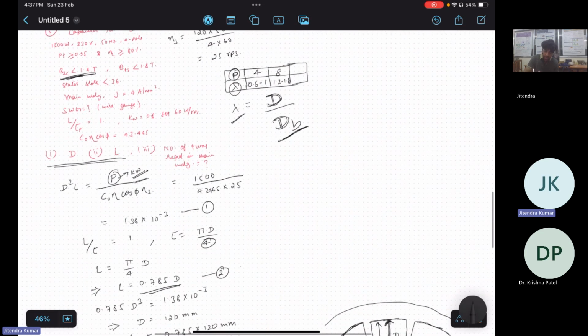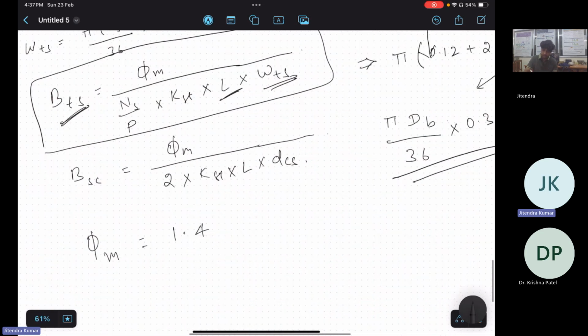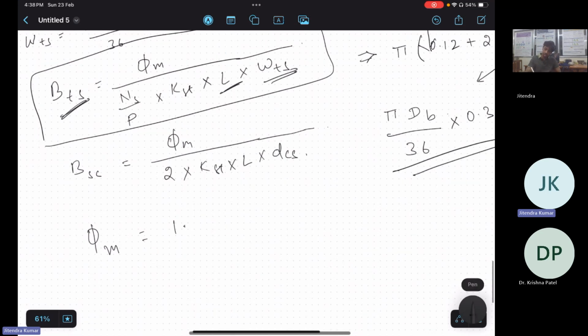BTS is here, sorry, 1.8, into slot per pole, which is 36 by 6, into staggering factor 0.95.